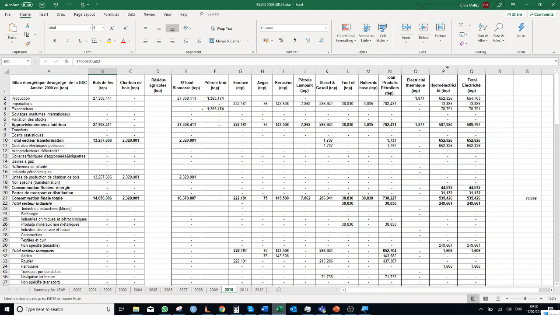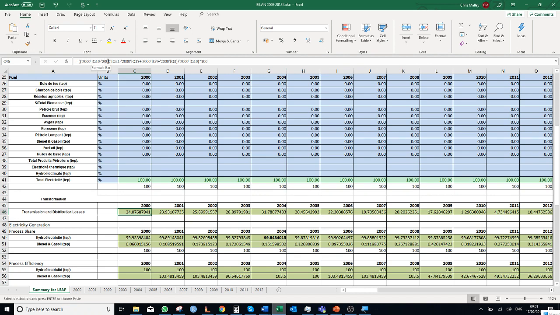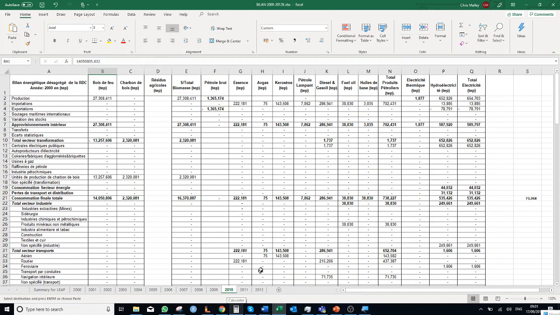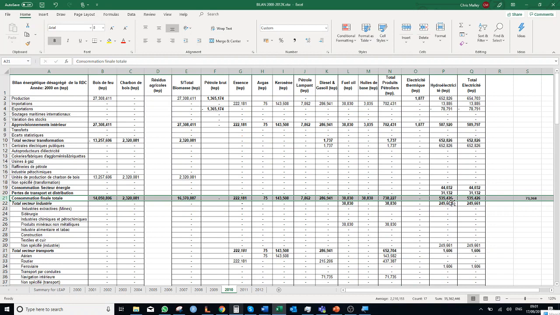So for example, if we look at electricity here, we have the total electricity consumed, the final consumption, 535,426.